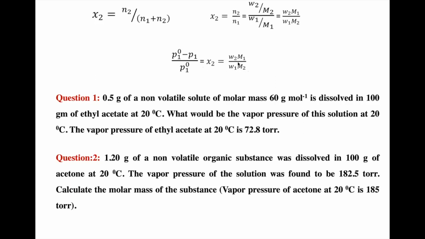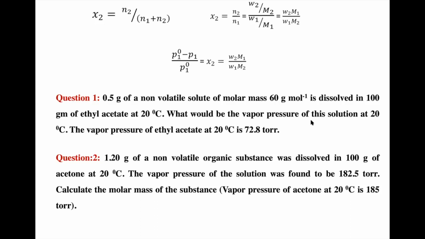By using this equation, we can also solve some numerical problems based on the lowering of vapor pressure. For example, in question number one, 0.5 gram of a non-volatile solute of molar mass 60 gram per mole is dissolved in 100 gram of ethyl acetate at 20 degrees Celsius.